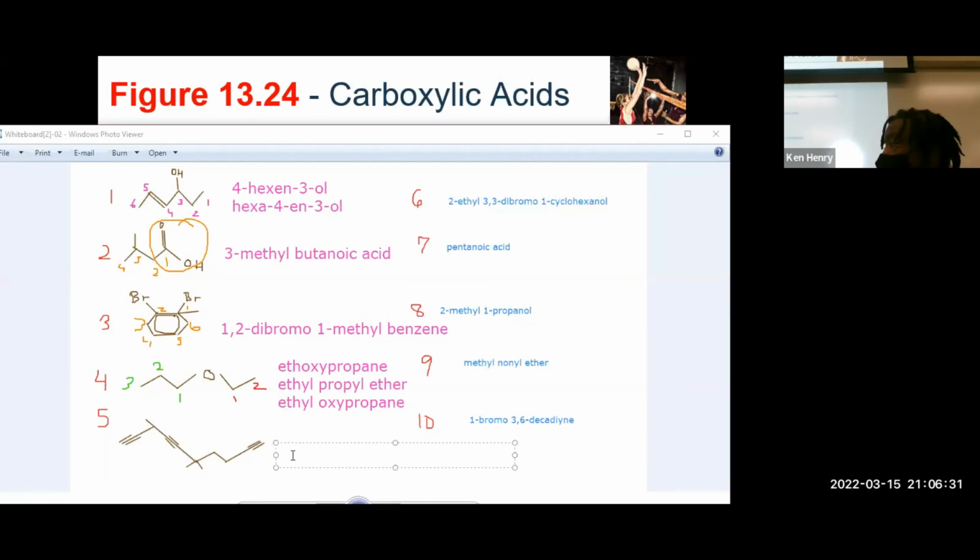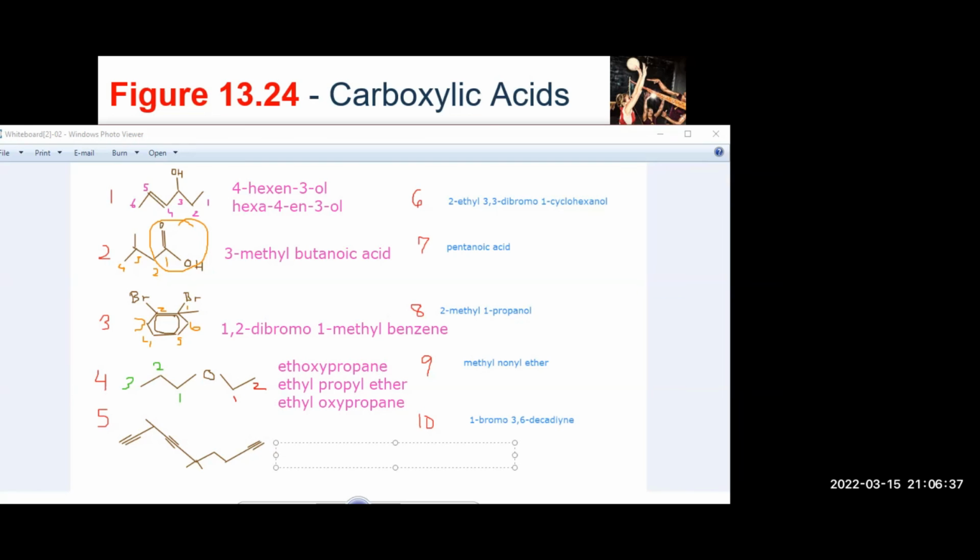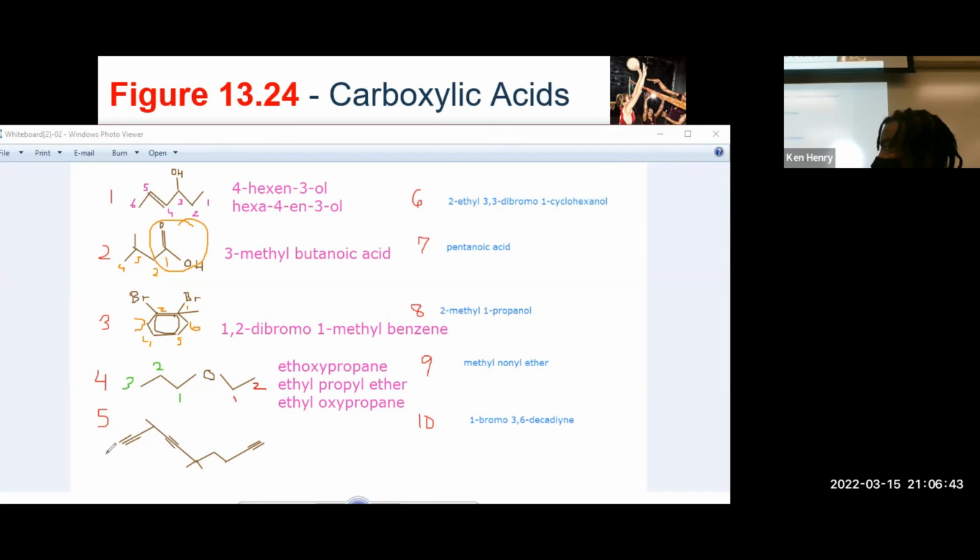Okay, where am I going to start, left or right? Left, more bang for my buck.